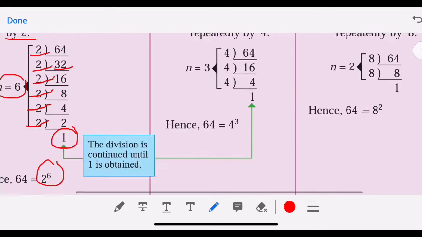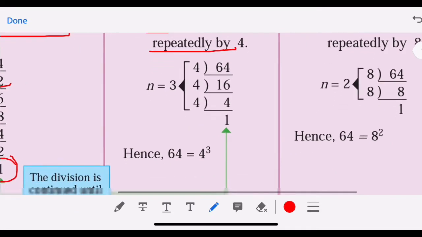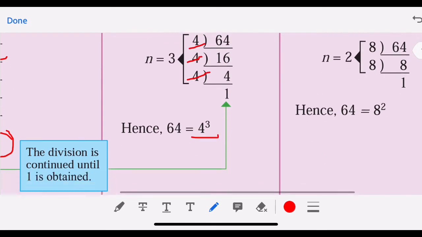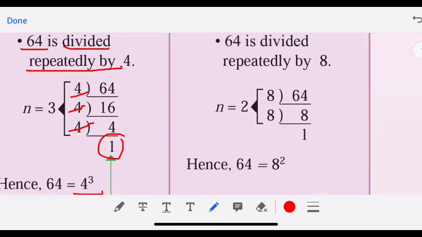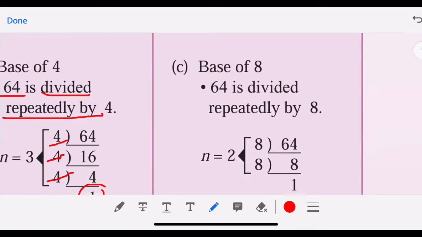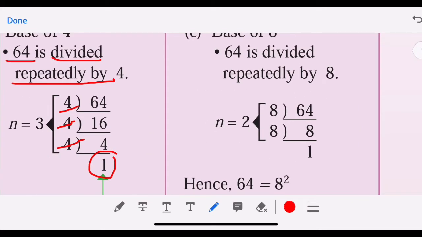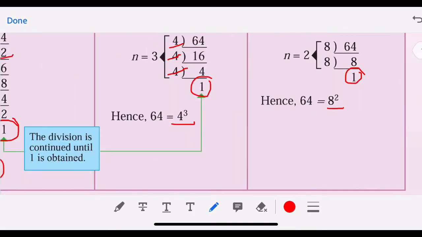Alright, base 4. 64 is divided repeatedly by 4. So we will divide 1, 2, 3, so it's 3 times. The division continues until 1 is obtained. Same thing here, base of 8. 64 is divided repeatedly by 8. So until we get 1, 64 is equal to 8 to the power of 2.